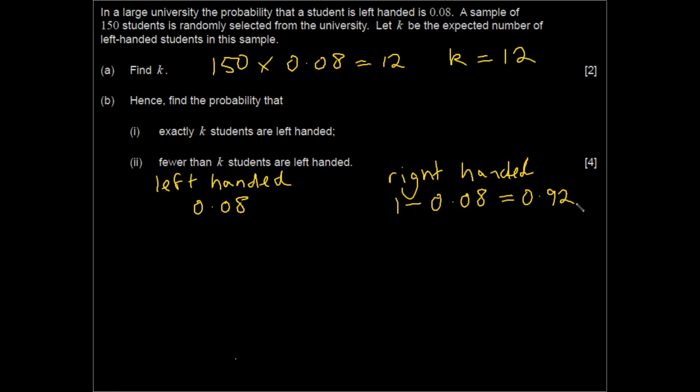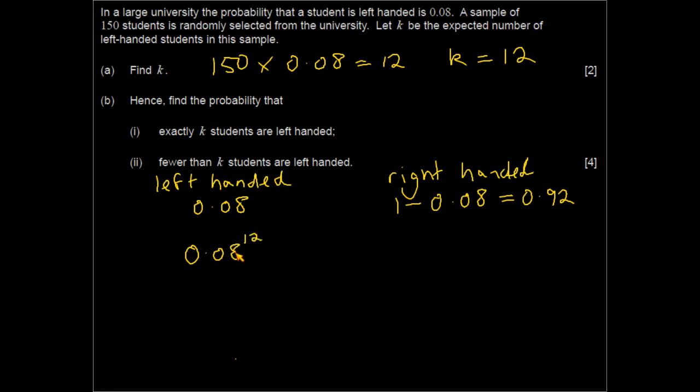Now, if I wanted to get 12 students that were left-handed, I would need to multiply the probability of finding one left-handed one by the probability of finding a left-handed one again, and again, up to 12 times. So I would need to do 0.08 to the power of 12.